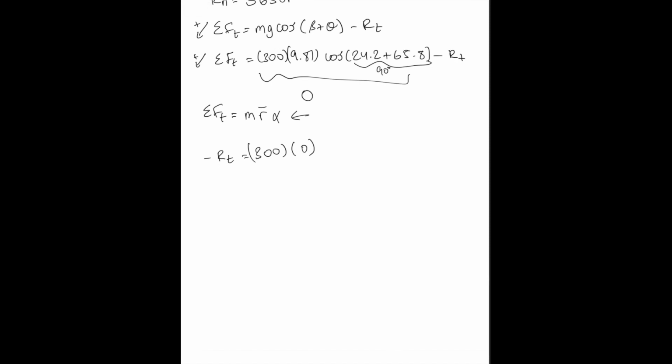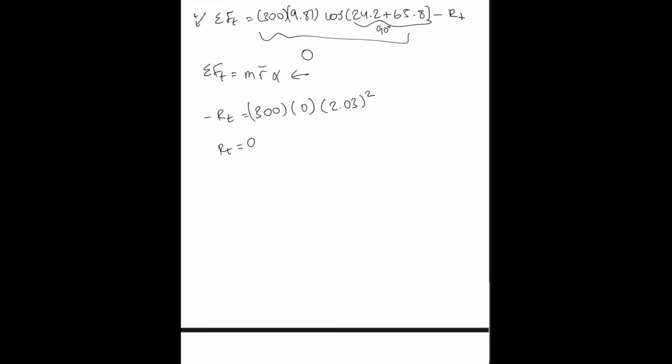So since the distance r is going to be 0, RT is also going to be 0, right? Which means that the magnitude of our force, R, is just going to be equal to Rn, which is 5,650 newtons. That's the end of our problem.